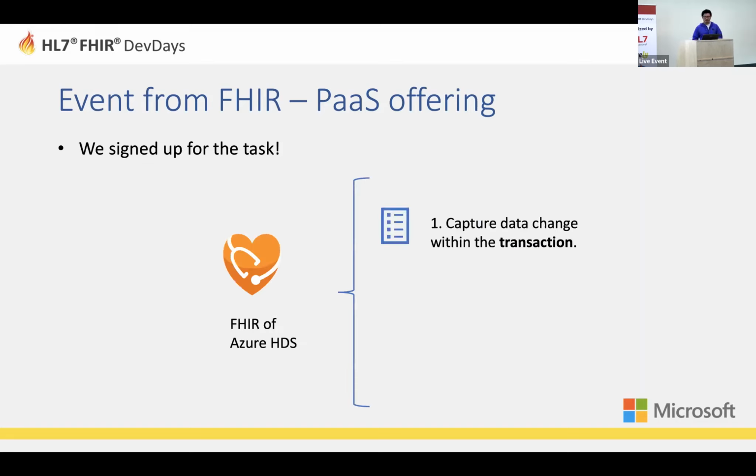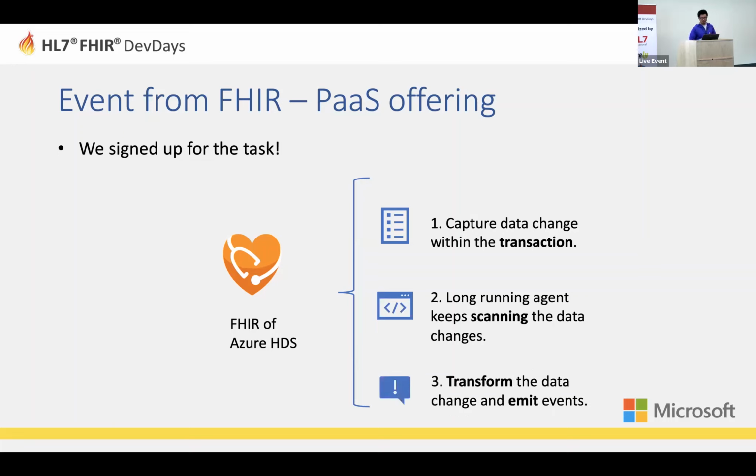So in step one, when we finish the transaction, we capture this change data. If it failed, the data change will never get captured, but the customer knows it failed, so they will do something again. In step two, we have a long-running agent that keeps scanning the data changes, converts them into the event format, and emits the event. We call it the event sourcing pattern.